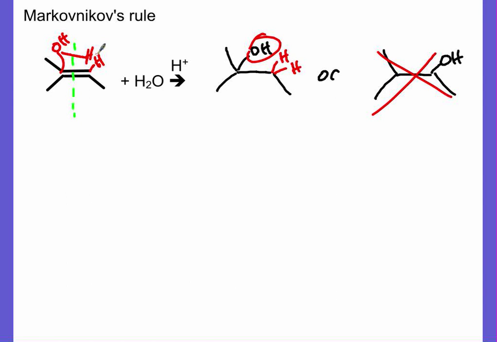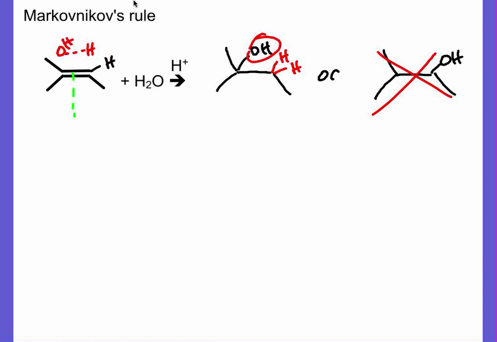I drew that a little funny. Remember there's an original hydrogen here. And then I'm going to try and add this group across that double bond. So I'll break this bond.